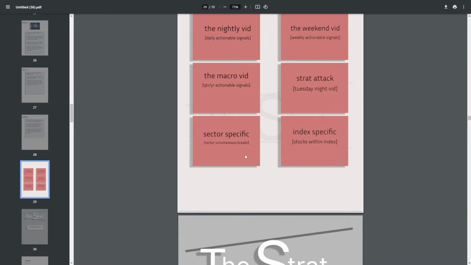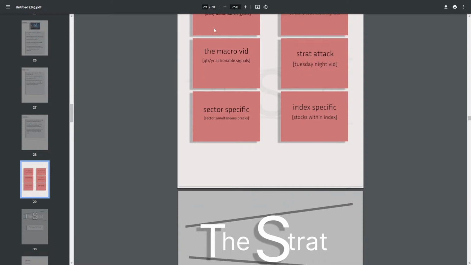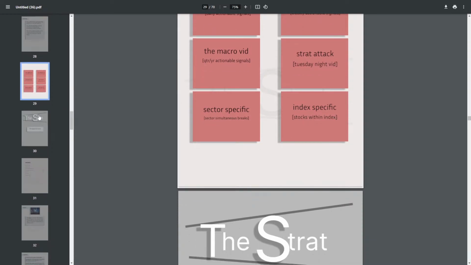And you can also do index specific. Since a lot of people don't have a million screens or the bandwidth to track all 500 stocks in the S&P 500 or all 100 stocks in NASDAQ, you can start with the Dow Jones. It's only 30 stocks and it makes your nightly prep really simple. Every night or week or month, whatever you're doing, go through the 30 stocks and look for what you look for. So this is a list and then we're going to get into those.